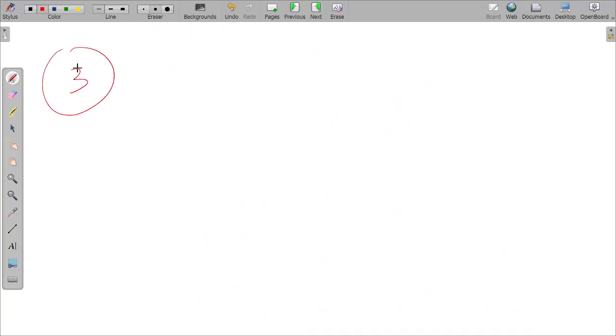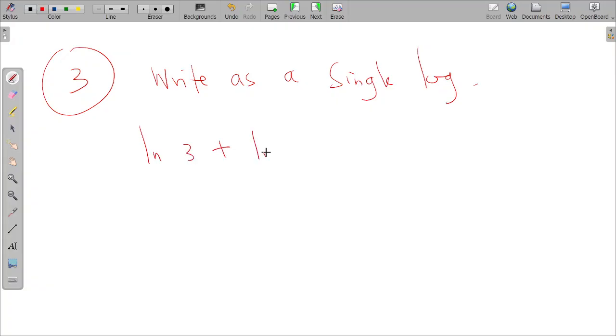Let's go to example number 3. Write as a single log: ln 3 plus ln 7 minus ln 2 minus 2 ln 4.